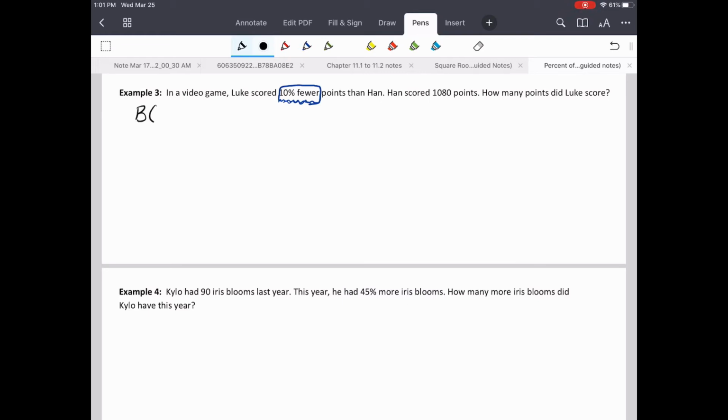So we're going to do base, oops, sorry, not that, not percent. Percent. You want to do 1 minus the percent equals the part. So in this question right here, the base is the whole, and 1,080 is the base.